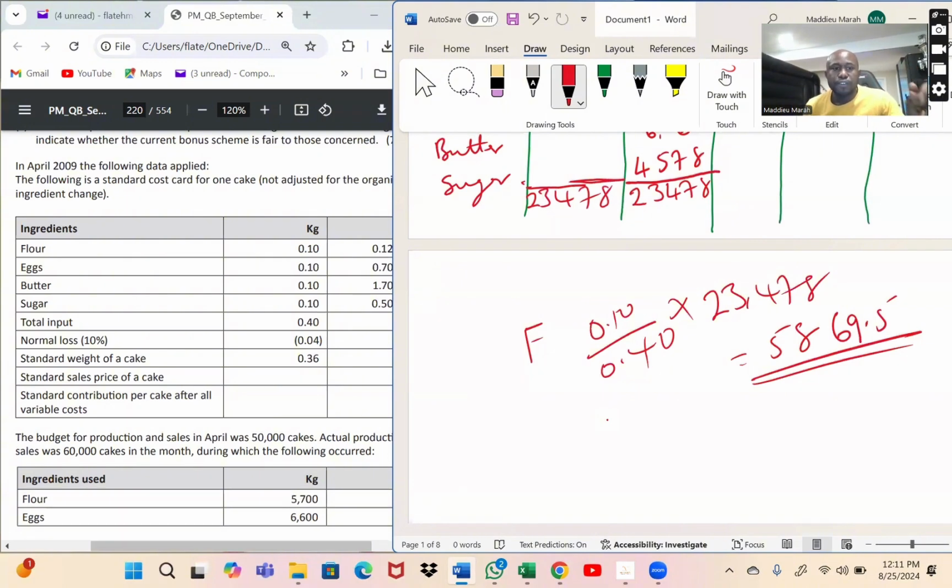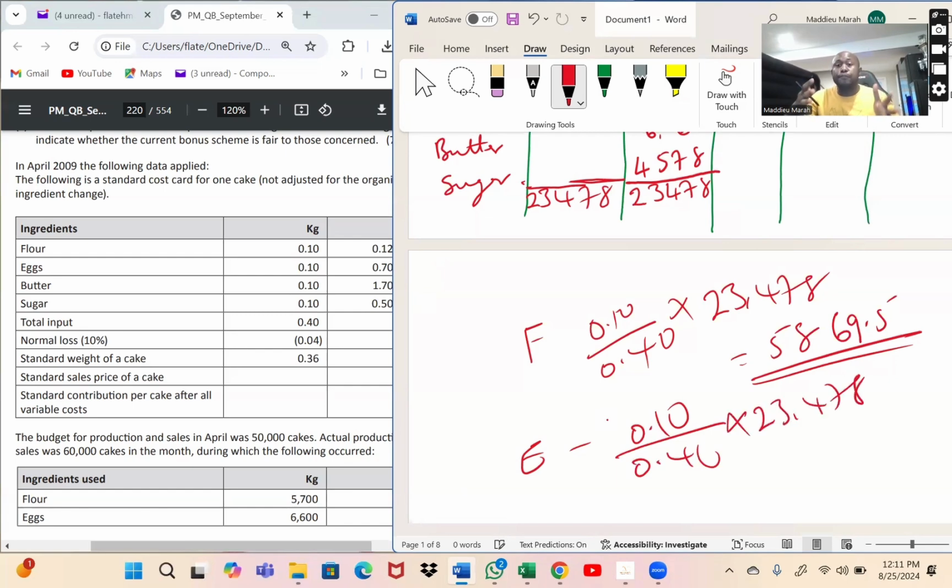But if you notice, for flour, egg, butter, sugar, all is the same 0.1. So I don't need to repeat all this formula. This is just a coincidence. It can be different, so you do it for each ingredient. For the first ingredient, flour, I've done this one. Let me try it for egg. I will take the standard kg of egg, which is 0.10, divide by total kg 0.40, multiply by the total of 23,478.